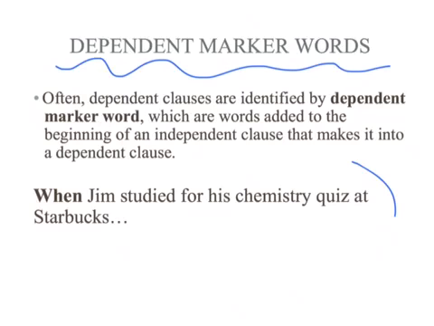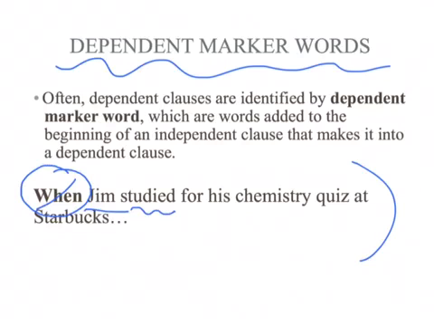So here's our same example. We have our subject, Jim, our verb, studied, but this is not a complete thought, and that's because of the word when. That word when makes your readers want to know what happened when he studied for his chemistry quiz. That word itself is what makes the sentence dependent because it causes the readers to need more information for it to be a complete thought.